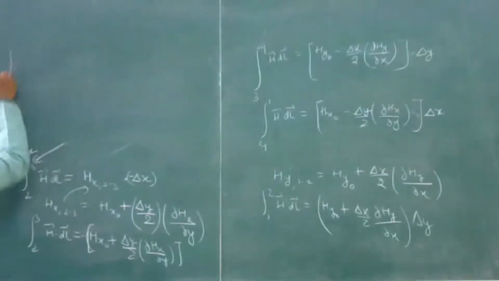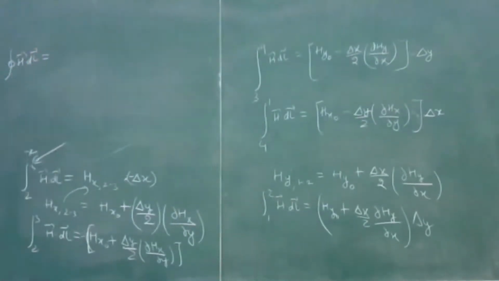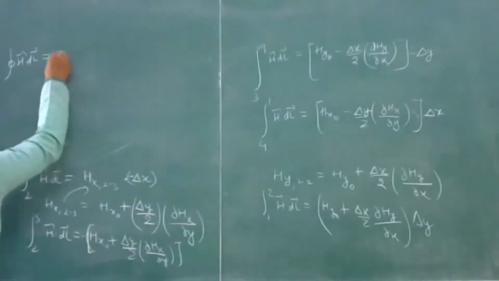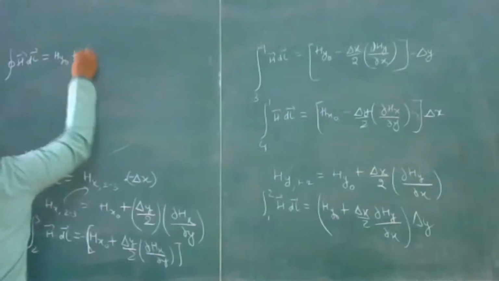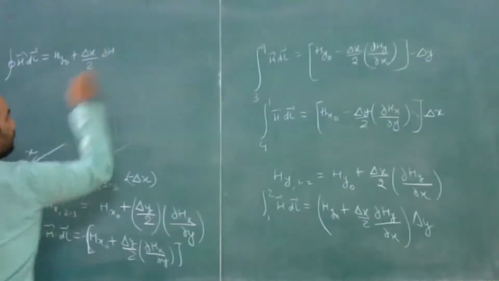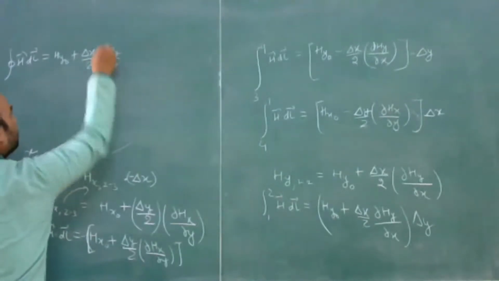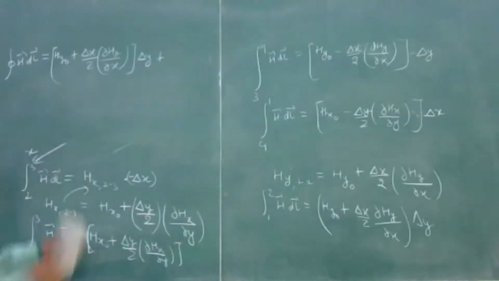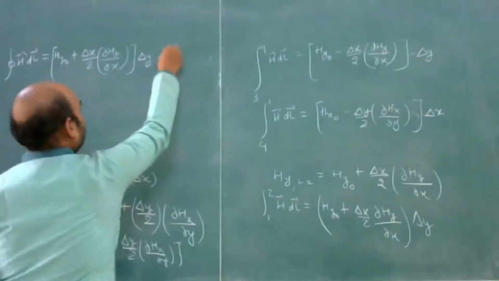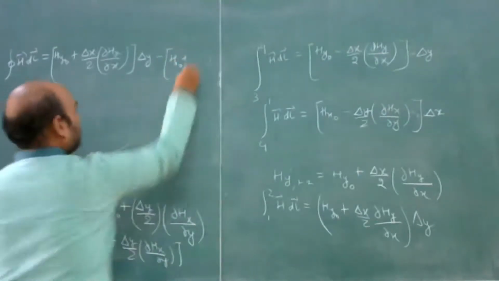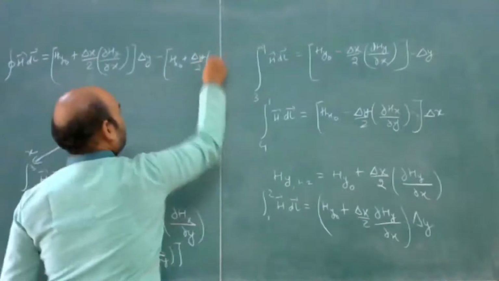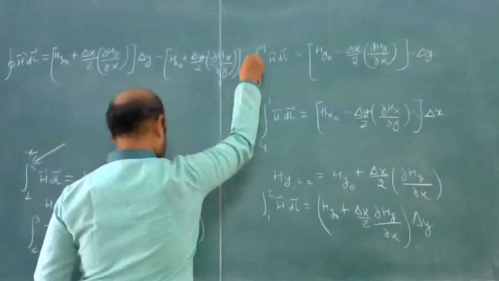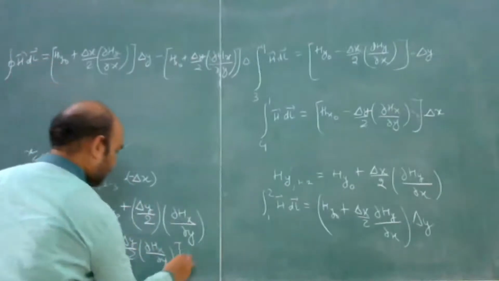It will be equal to Hy naught plus delta x by 2 del Hy by del x, whole multiplied by delta y, plus from 2 to 3 it is negative, Hx naught plus delta y by 2 del Hx by del y, multiplied by delta x.